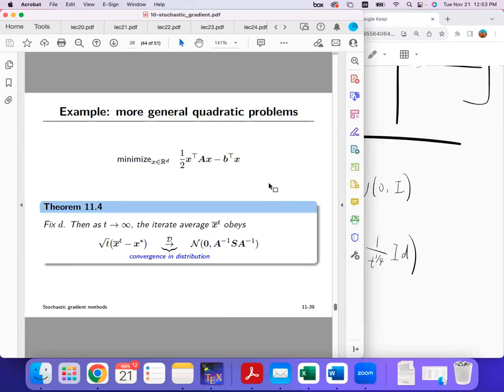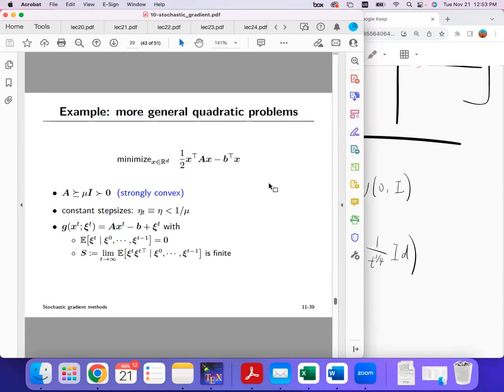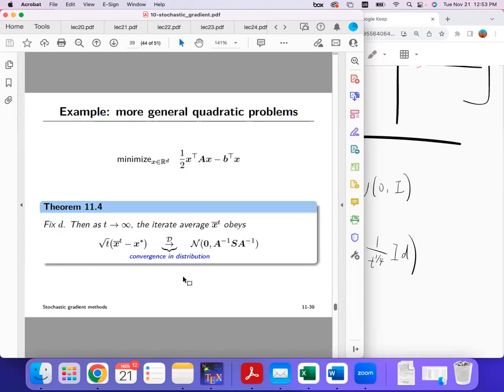Well, S is basically the covariance of the noise vectors. So this will converge in distribution to this Gaussian.